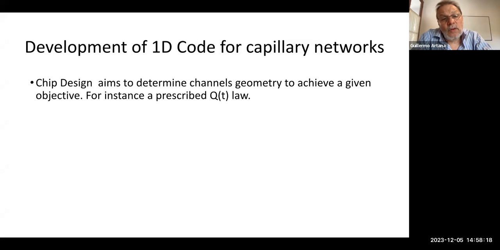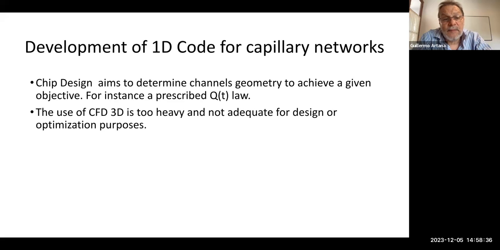One of the objectives was to arrive at equations, or conditions, for chips in which we can govern the flow rate against time, and also the volume of liquid against time. If you go through 3D codes, this would be too heavy, and you cannot undertake this kind of approach for optimization purposes.